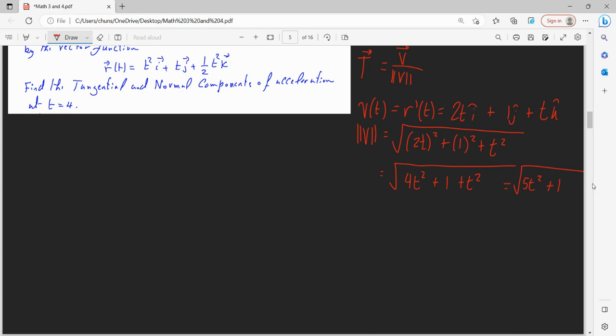Okay, we are given our value of t, so then we can solve for our velocity. When we plug that in, that is 8 in our i, 1 in j, and 4 for k.